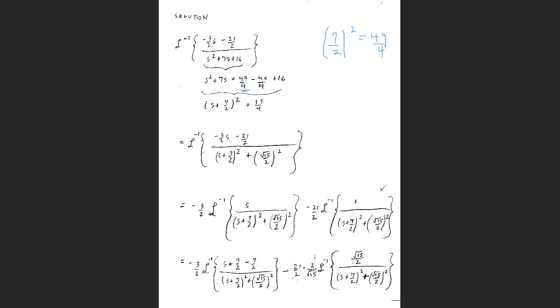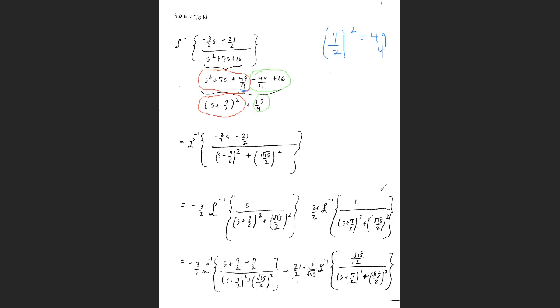Okay, so that this expression here is equal to the quantity s plus 7 halves squared. But then the negative 49 fourths plus 16 just becomes 15 fourths.